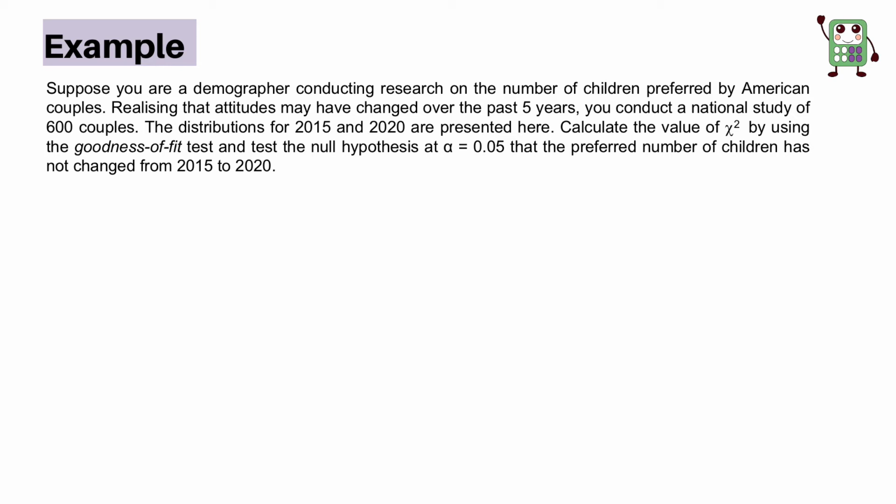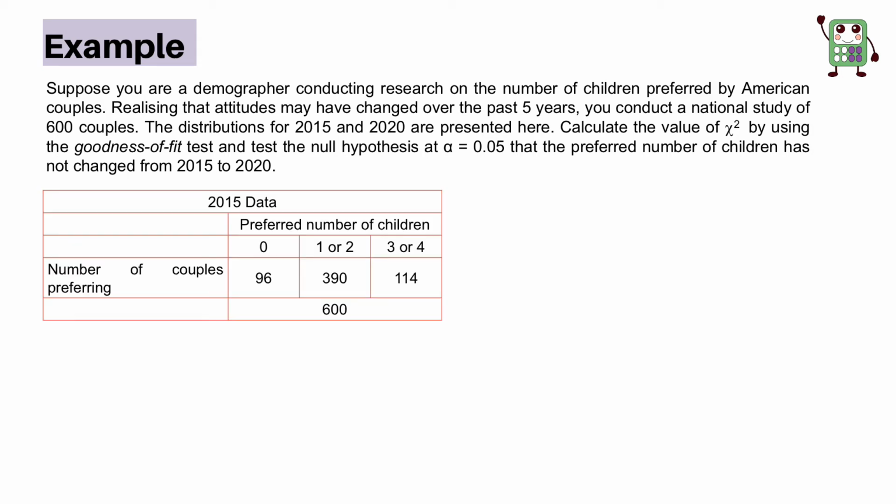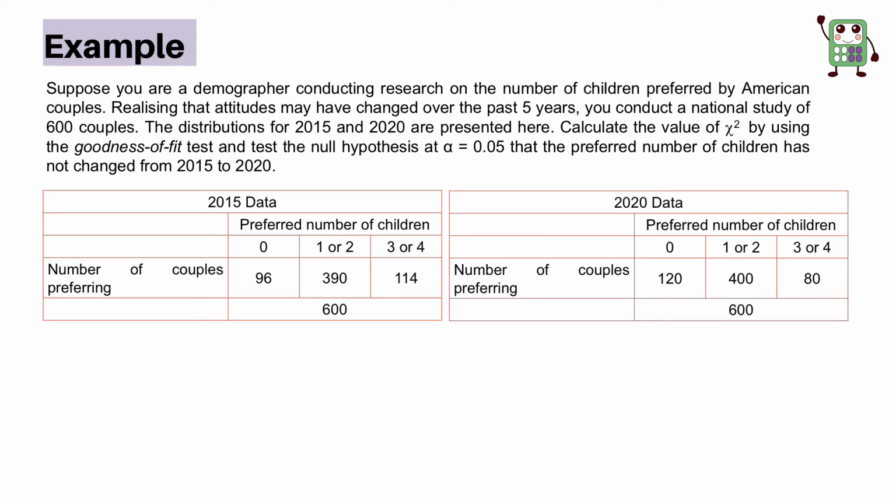The distributions for 2015 and 2020 are presented here. Calculate the value of chi-square by using the goodness of fit test and test the null hypothesis at alpha equal to 0.05 that the preferred number of children has not changed from 2015 to 2020. These are the data given in the question, the 2015 and 2020 data.